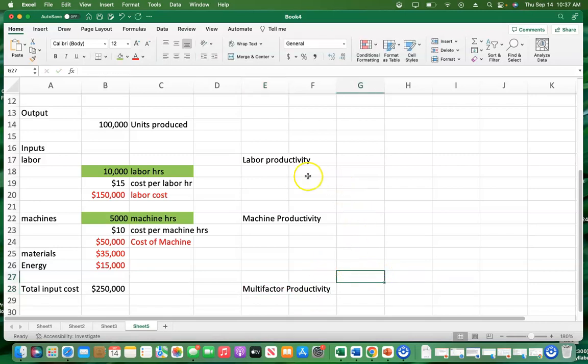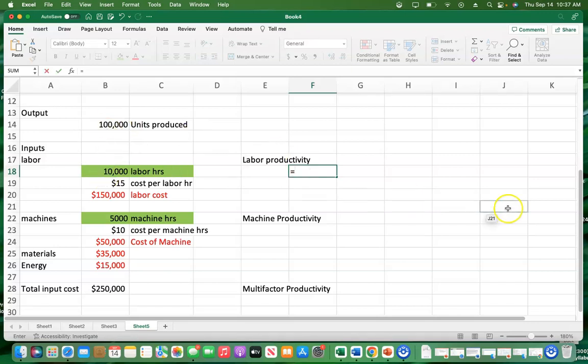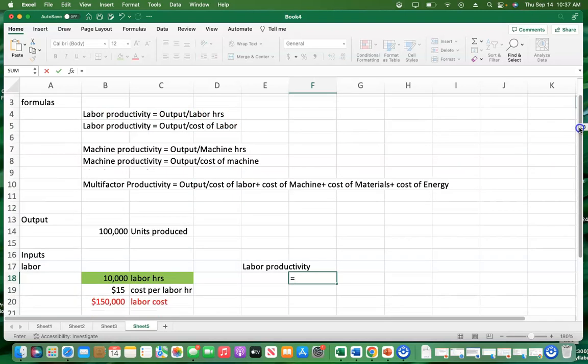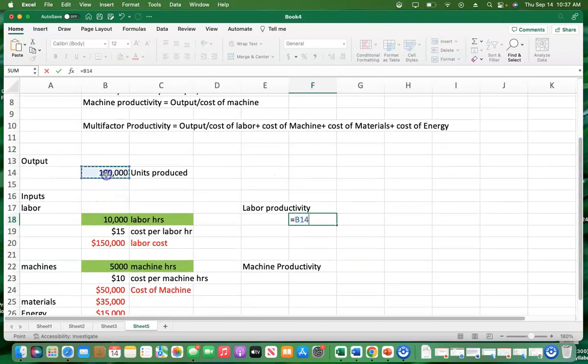So for labor productivity, all we're going to do is we will put an equal sign and take output divided by the labor hours. So let's go back to the formula we have here, output per labor hour.